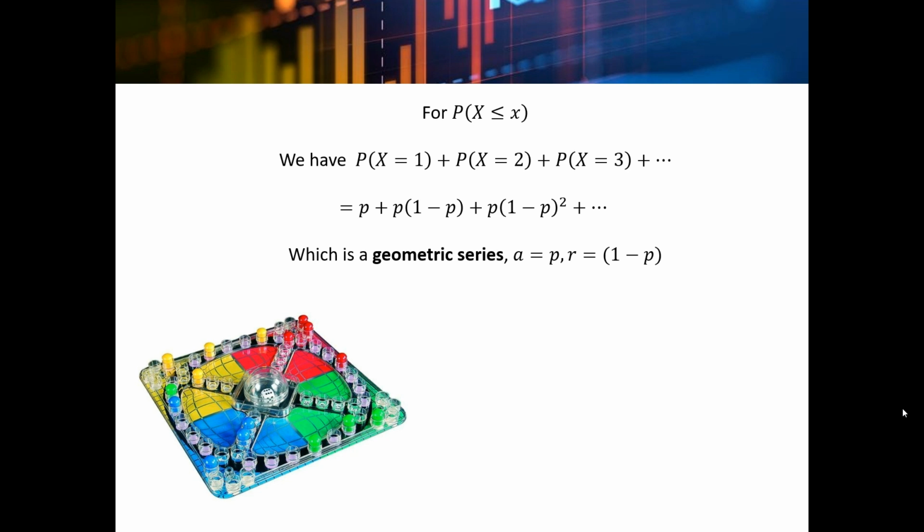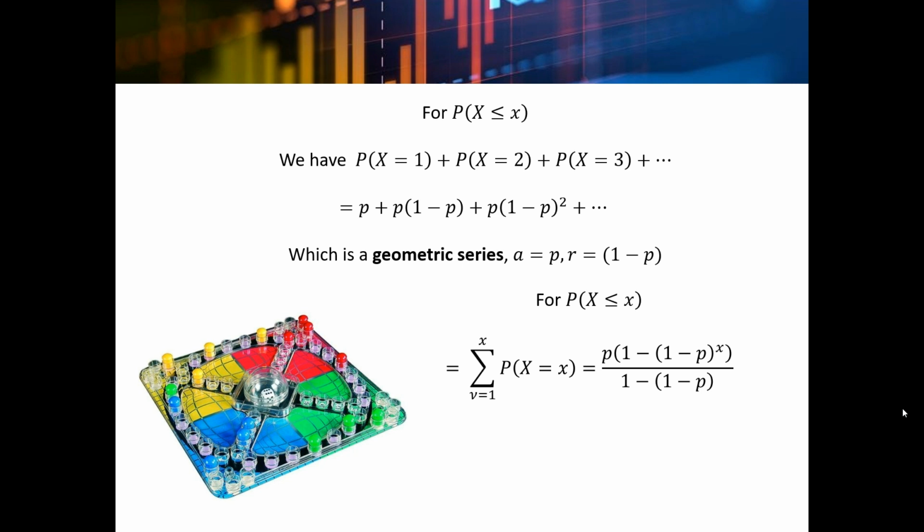This is the sum of the first x terms because we're trying to get up to x attempts. So I can write that as the sum from r equals 1 up to x of the probabilities, of course, because we're adding up each individual one.